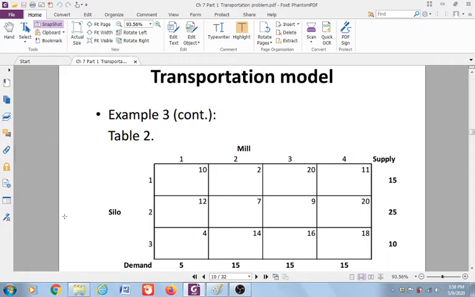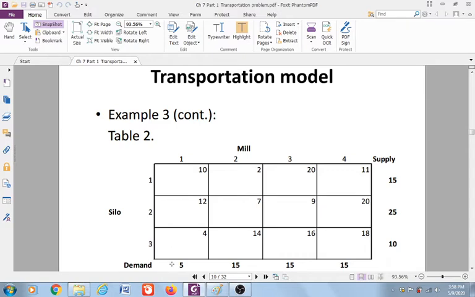The cost of sending grain from silo 1 to mill 1 is 10, from silo 1 to mill 2 is 2, and so on. The last one, 18, is the cost of sending grain from silo 3 to mill 4. So the silos are the supply and the mills require the demands.